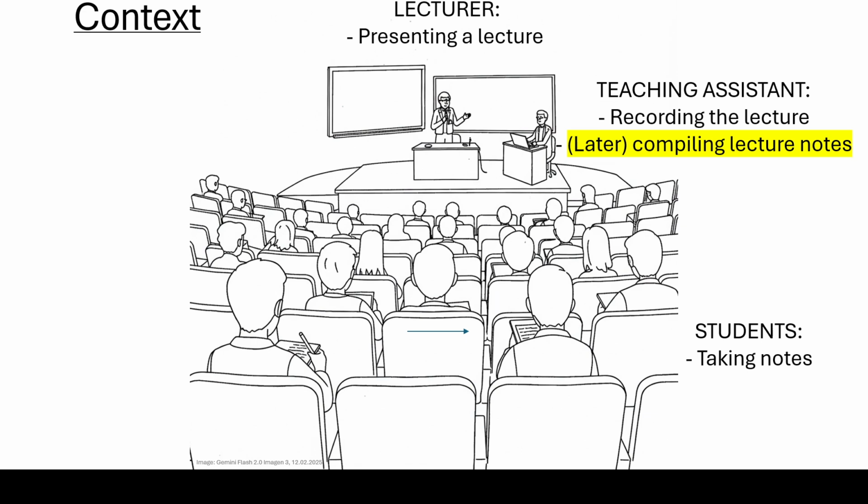The lecturer, for example, a professor, delivers the lecture, provides knowledge through speech and visual aids. Teaching assistant, TA, records the lecture and later compiles lecture notes based on the recording. And students take notes in real time while listening to the lecture.